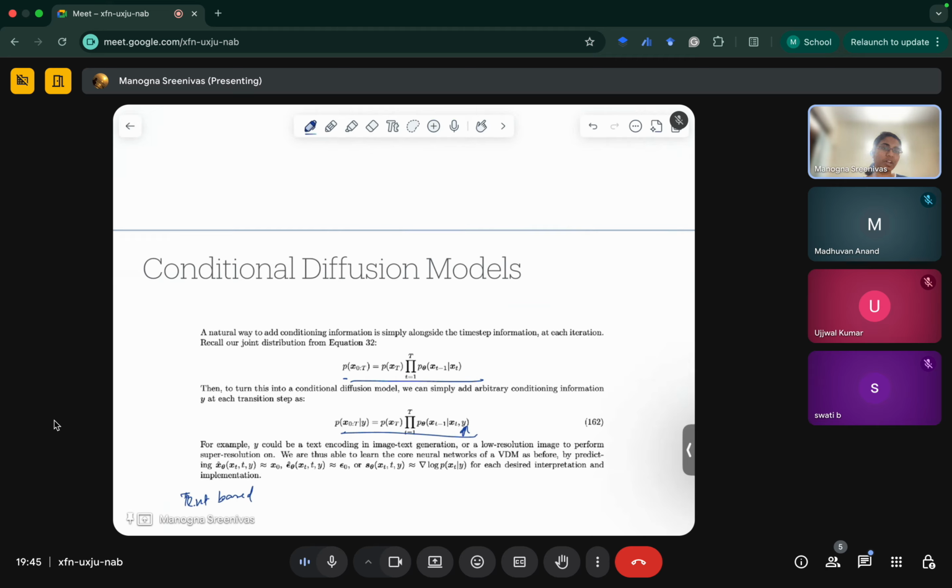All these forms are conditions that you give, which form this vector y: text-based generation, style, image conditioning, etc. All these are conditional diffusion models.